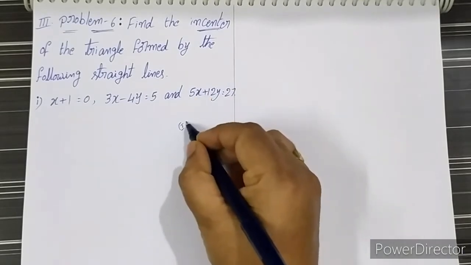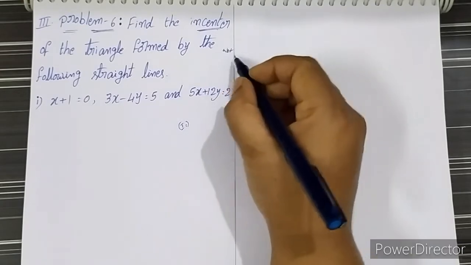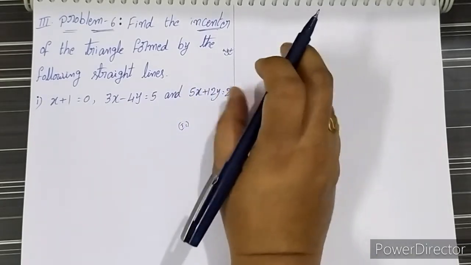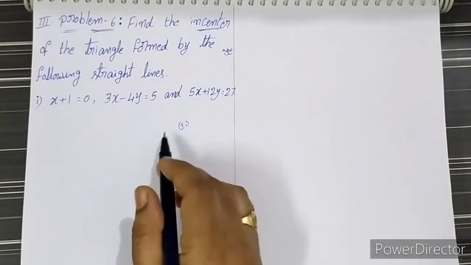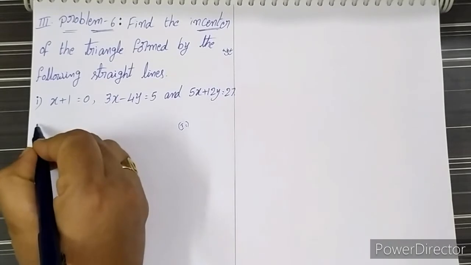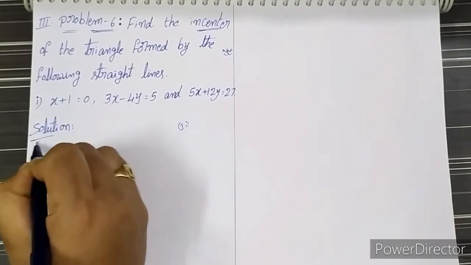This is the incenter formula. Here small a, small b, small c are the lengths of the sides. For finding all these values, we need the vertices of the triangle. For finding vertices, we can solve the side equations.